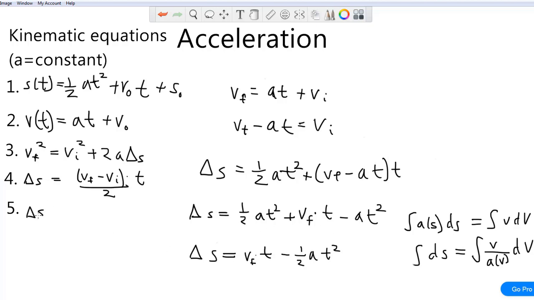So delta S equals V final times t minus a half a t squared. I need to either get a larger pad or just get better at writing. I'm going to erase this real quick.